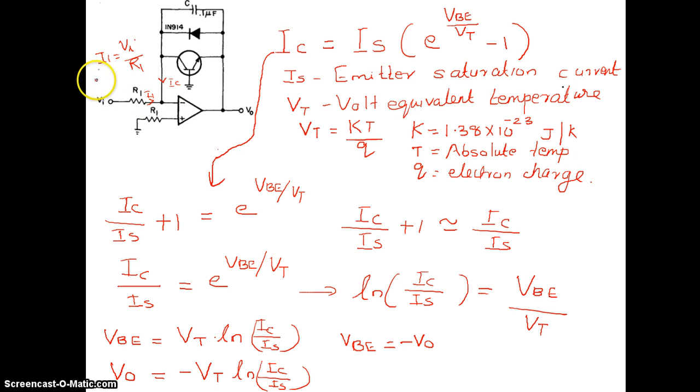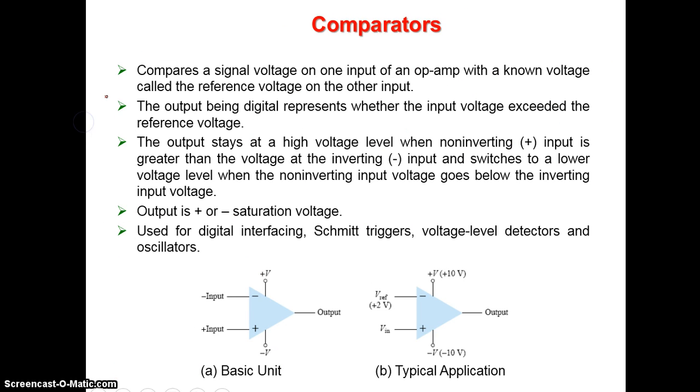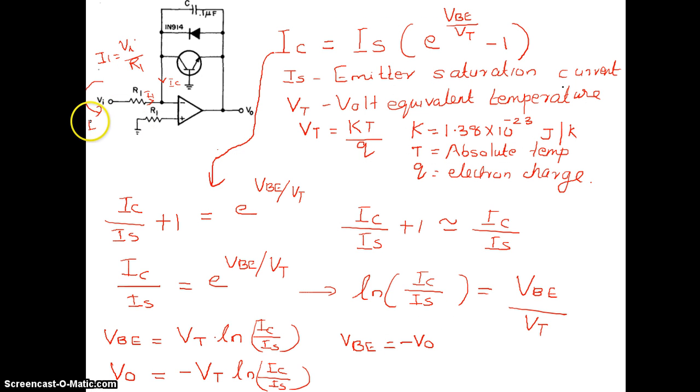So IC is equal to VI divided by R1. Substituting the value of IC, I can write minus VT into ln of VI divided by R1 into IS.